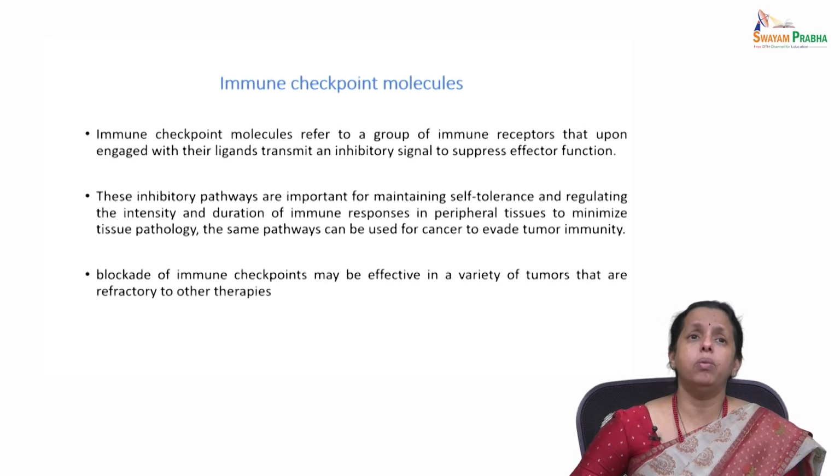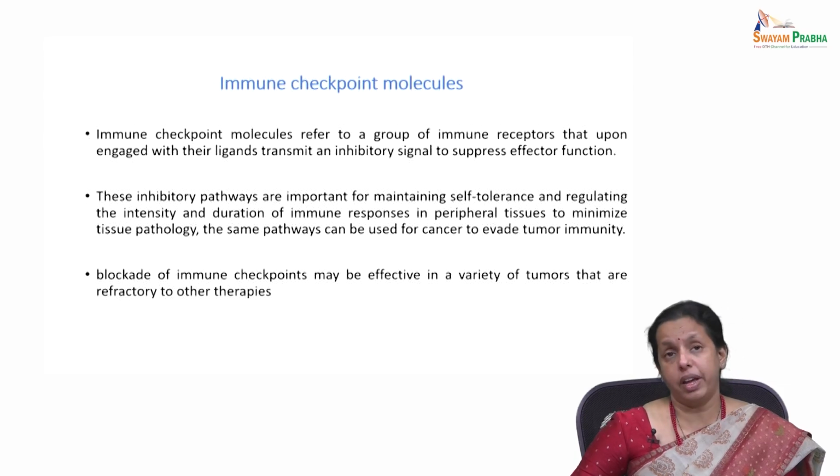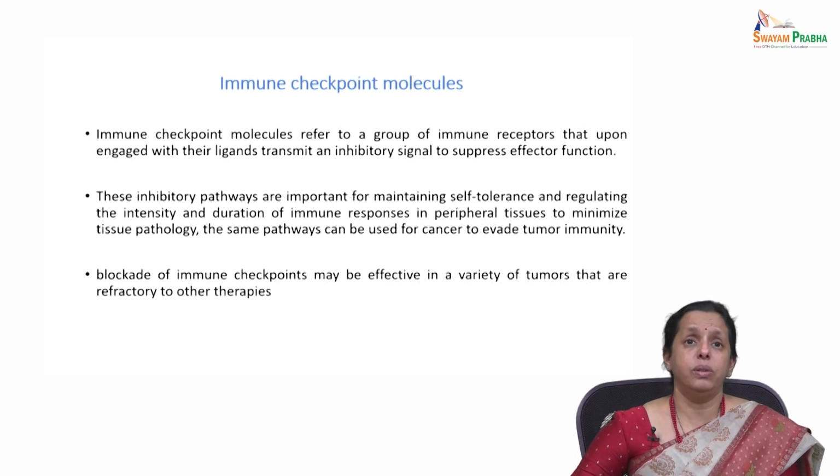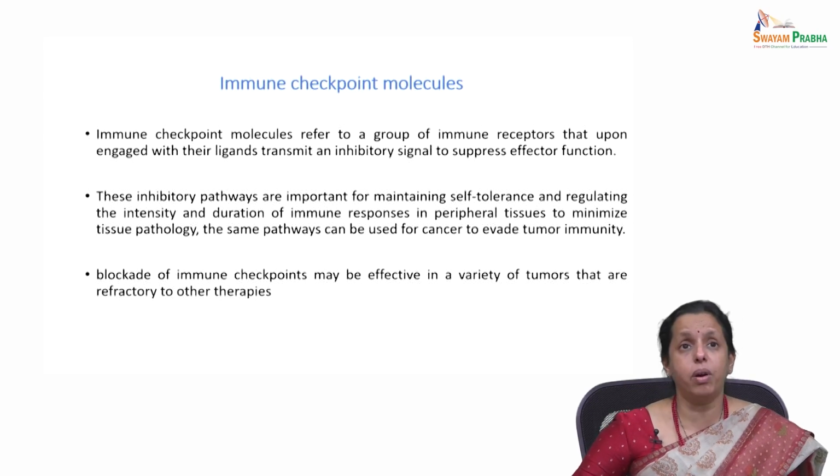First we talked about where exactly you have a ligand, and then you need to have co-stimulatory molecules, and what is an immune checkpoint molecule. Are these checkpoint molecules important in normal function?